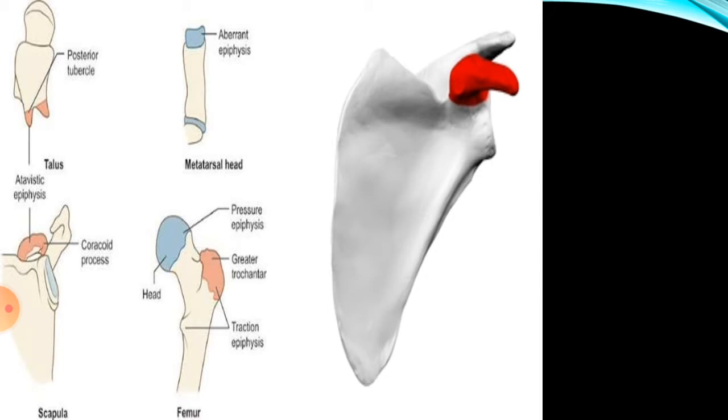Just remember that the traction is a non-articular part of your bone, while the pressure is the articular part of your bone, and the pressure epiphysis is the weight bearing part, while the traction epiphysis gives the space for the attachment of your muscle. The next is aberrant epiphysis.